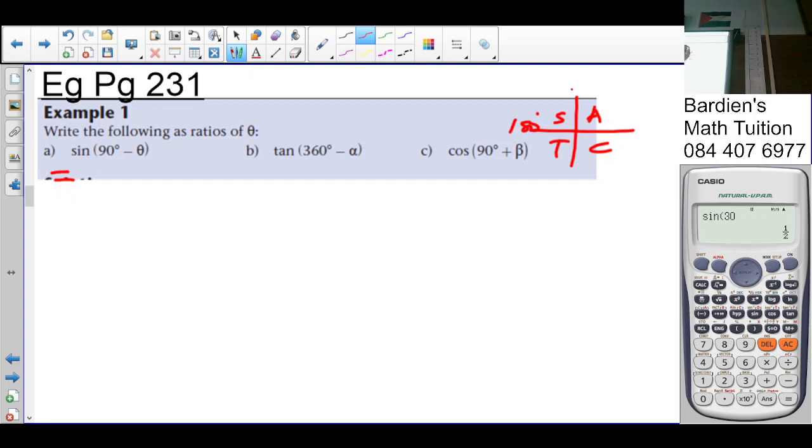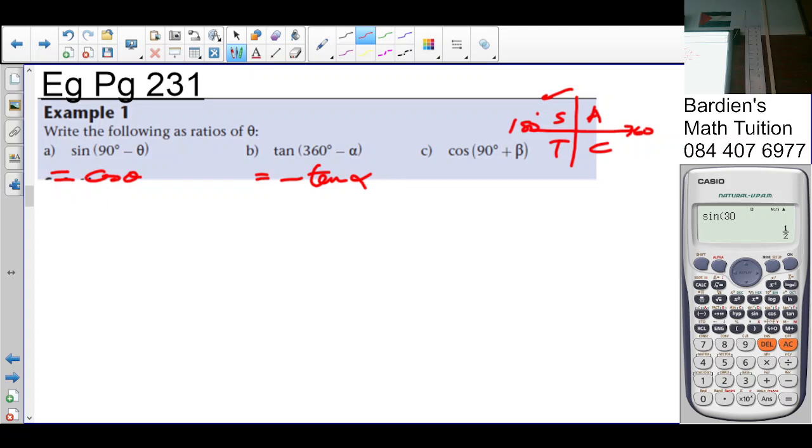So that's 90 minus, so is sine positive or negative? Positive, and it becomes cos theta. Look at the next one: tan of 360 minus alpha. Which quadrant is that in? Quadrant 4. In quadrant 4, is tan positive or negative? Negative. Becomes tan of alpha.